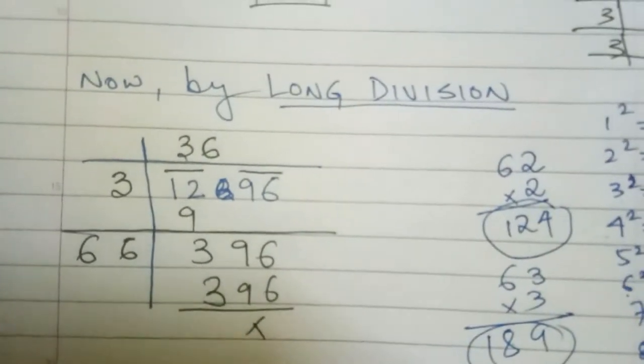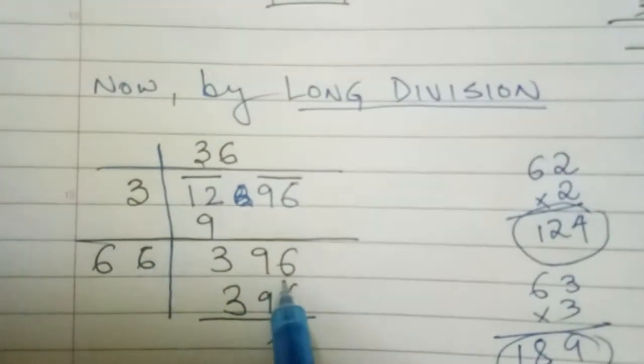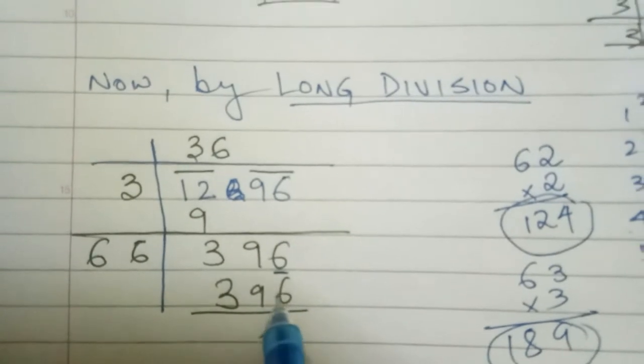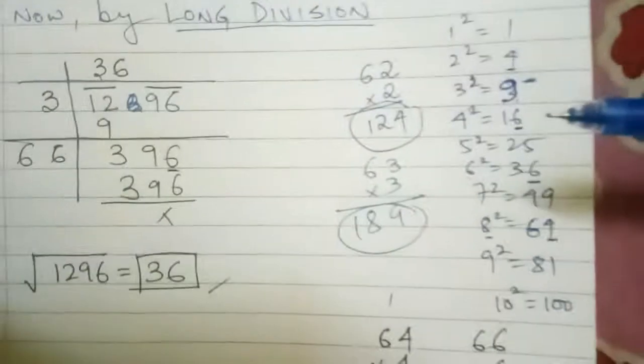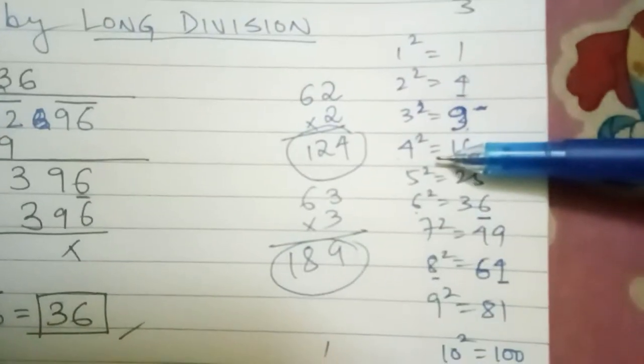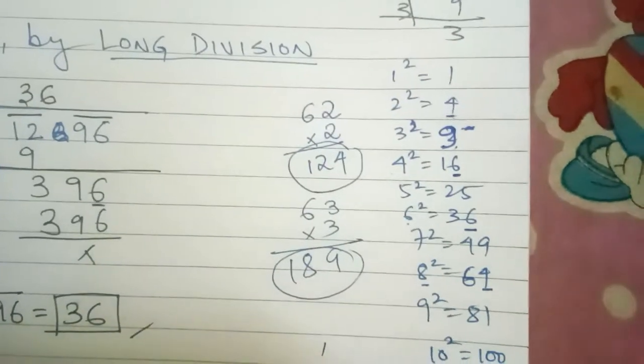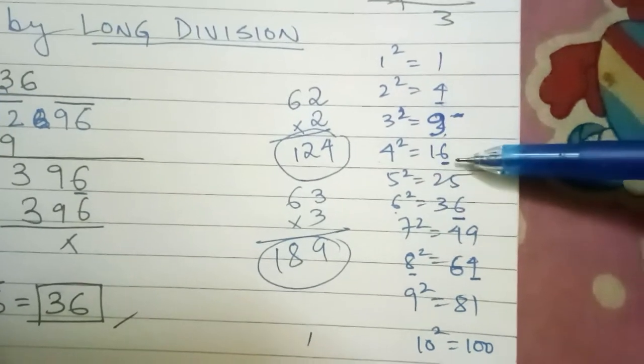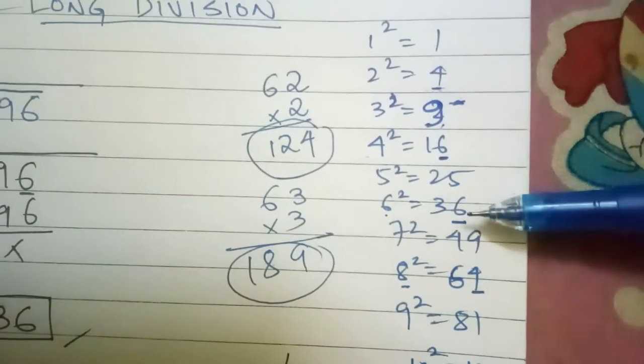But to make it quicker, we will see the unit place. The unit place is 6. Now see which number, after multiplying, gives 6. 4 square is 16 and 6 square is 36.